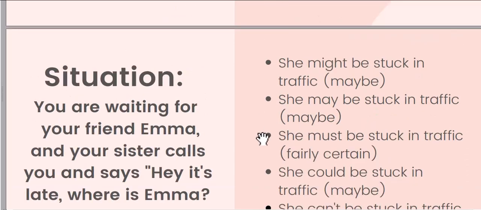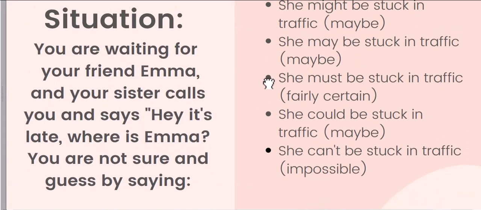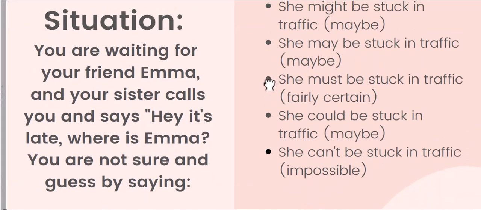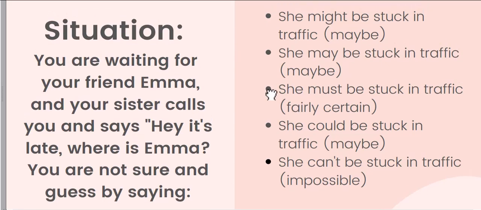Now we are going to move to the next things here, which are can, could and might. Let me tell you a situation. We are waiting for your friend Emma, and her sister calls you right now and says, "Hey, it's late.